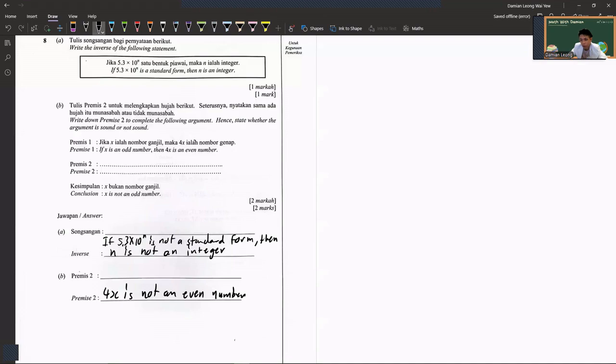So if 4x is not an even number, x is not an odd number. Yeah, that is sound.